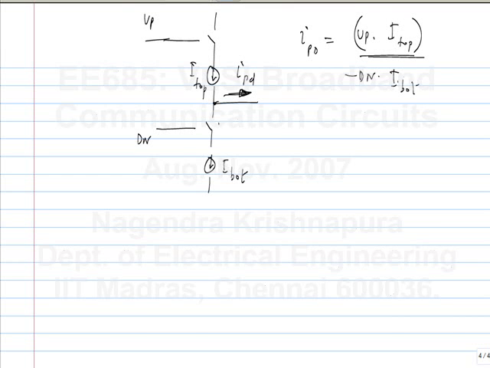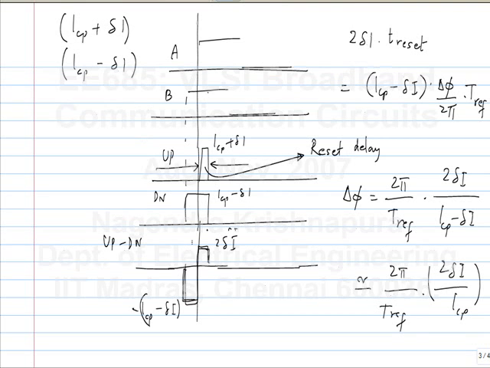So this is down times I bottom, this is up times I top, this is down times I bottom. This whole thing is not up minus down, it's up times I top minus down times I bottom. That's why it is negative and positive. It has to be both negative and positive for its average to be 0.